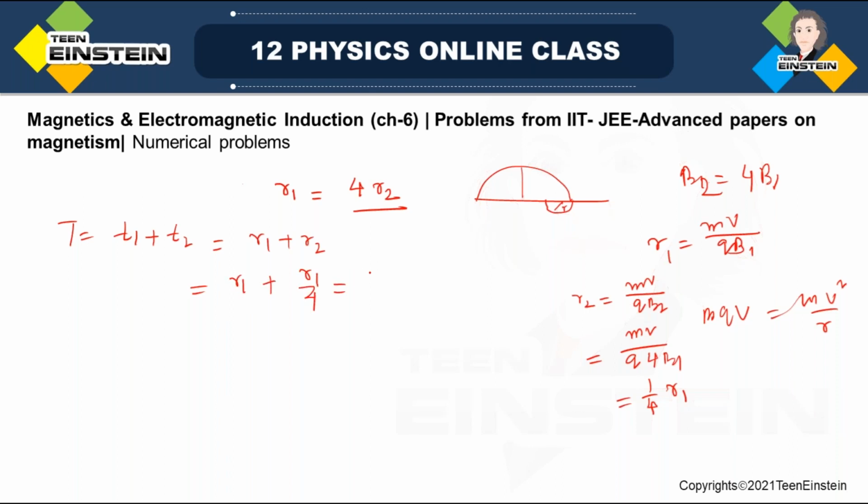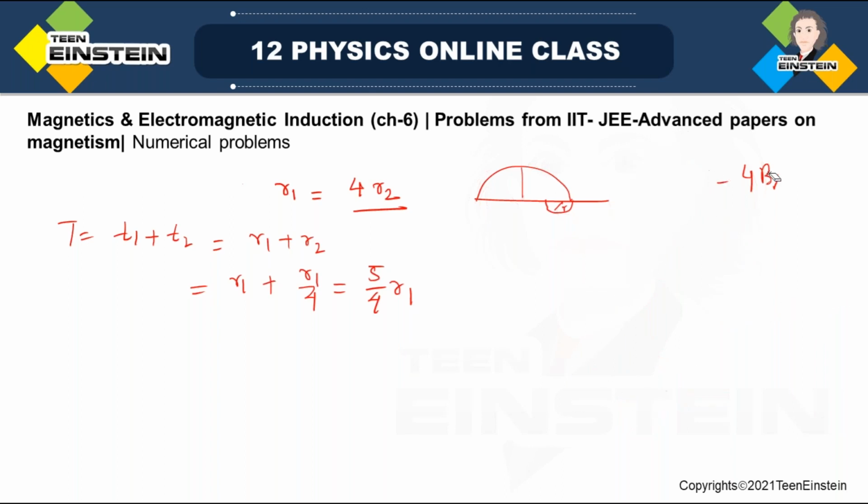So this is 5 by 4 R1. This is the time. I think this is where we had made some mistake. Other things were all right. We found the distance, and total distance was 2 R1 plus R2.